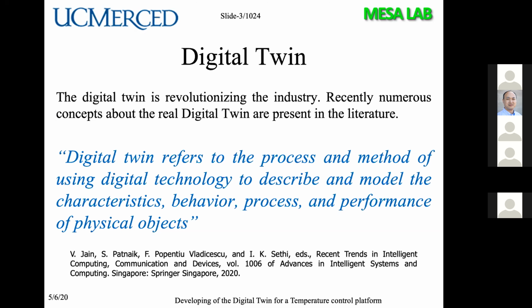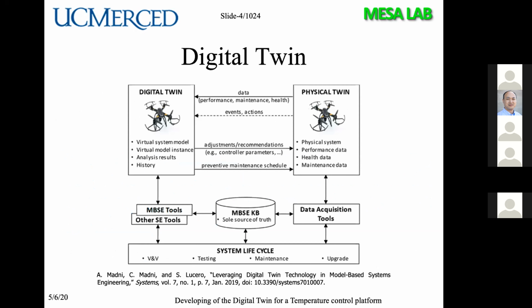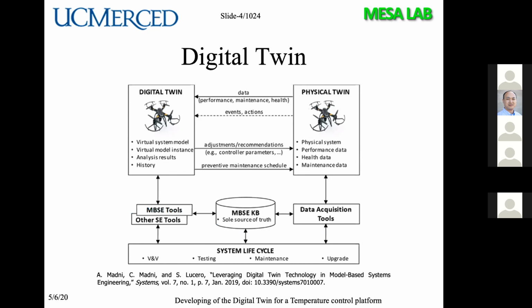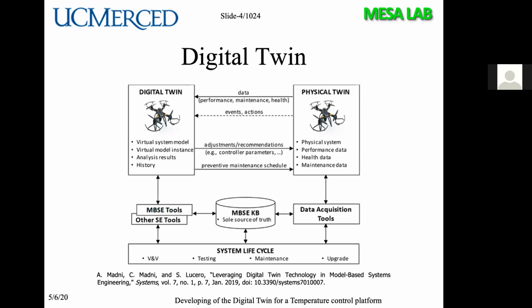And how do we explain that? Here is a figure that in some way explains the principle of digital twin. We have the digital twin and the real system, that is the physical twin, and both systems exchange information. In this case, the real system sends to the digital twin data, events and actions that we can use to monitor performance, maintain, or analyze the health of the real system.